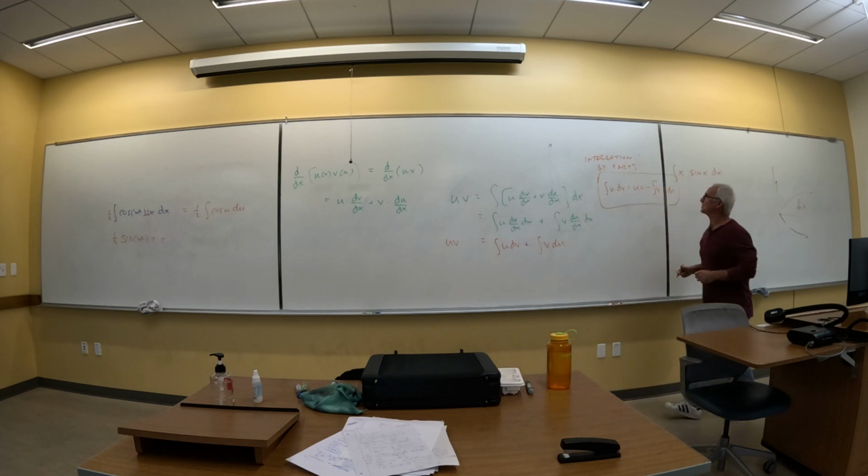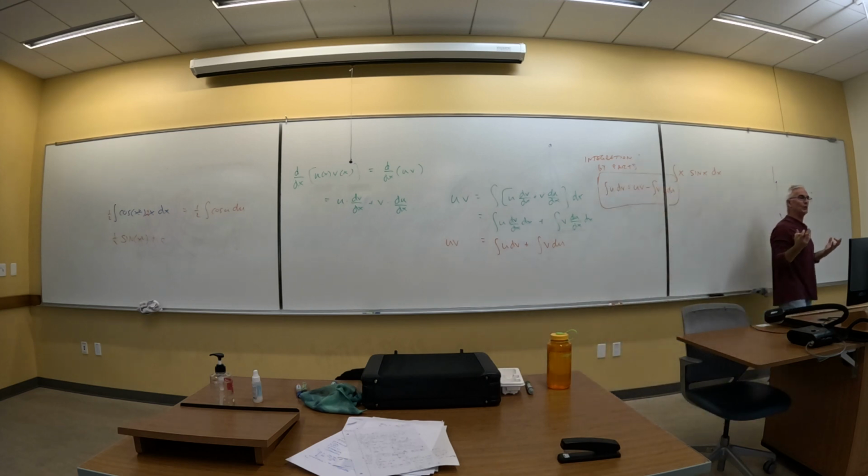What integration by parts means is I give you the integral of a product. In your set of antiderivatives, you don't have products in general, right? You have single terms. And then you integrate them because they were the derivative of something you knew. But you don't know anything that looks like x times sine x, for example. If I throw an e to the x or a cosine, you don't know what that is.